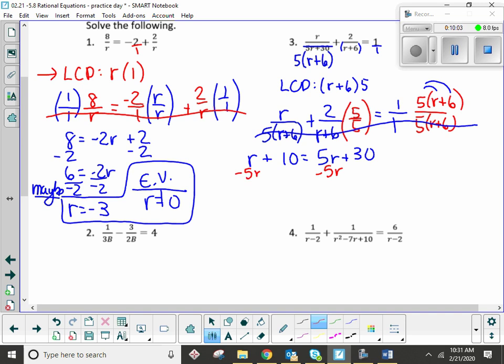And if you're moving r's to the left, the constants have to be moved to the right, so I would subtract 10 from both sides to get the 10 over here. So the 10s cancel on the left, leaving me negative 4r. The r's cancel on the right, leaving me 20.